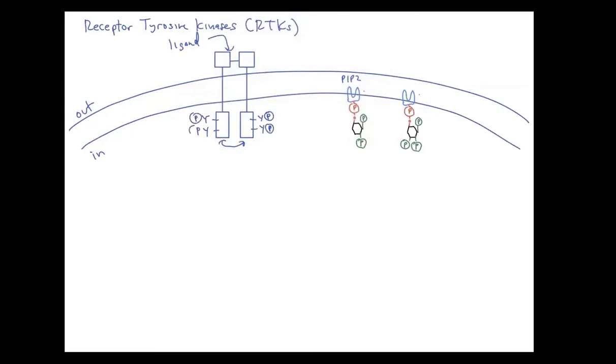Now, this pathway is pretty complicated. There's a lot of steps, and I'm not going to go through the exhaustive individual steps that exist. I'm going to simplify this and just start with the right side. We're going to have a protein that's going to bind to those phosphorylated tyrosines.